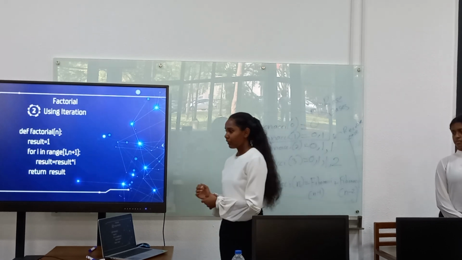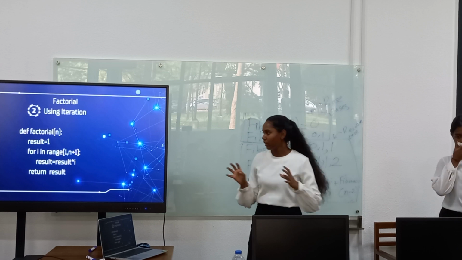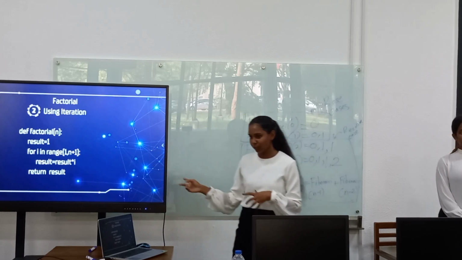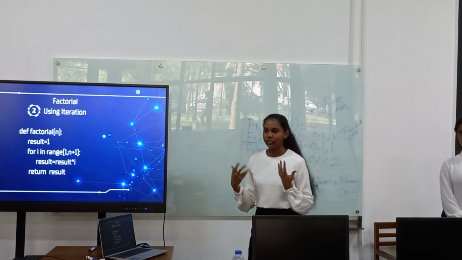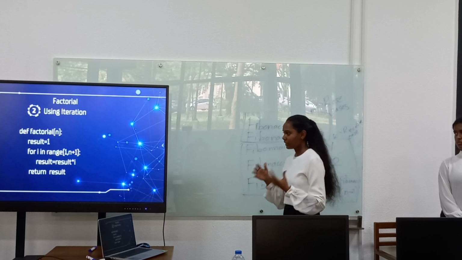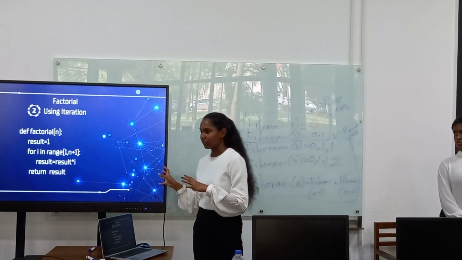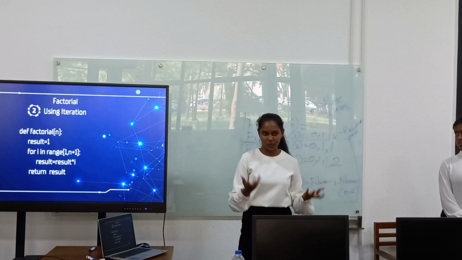Then I'm giving a range to this. So I'm giving for i in range, the starting point as 1 and the ending point as n plus 1, and I'm asking to compute the result as result times i. I'm not going to explain this code any further because you know this.